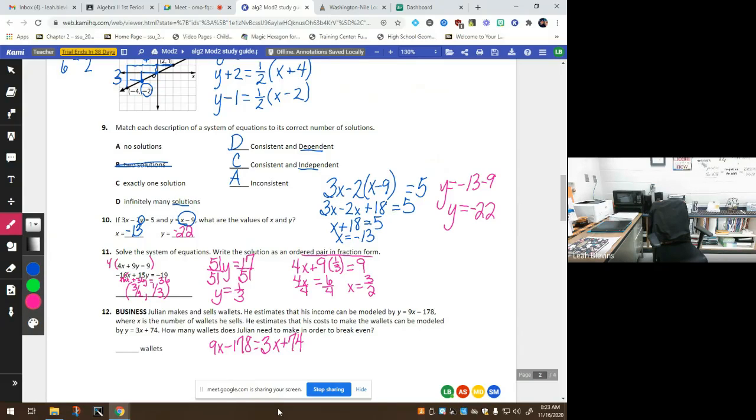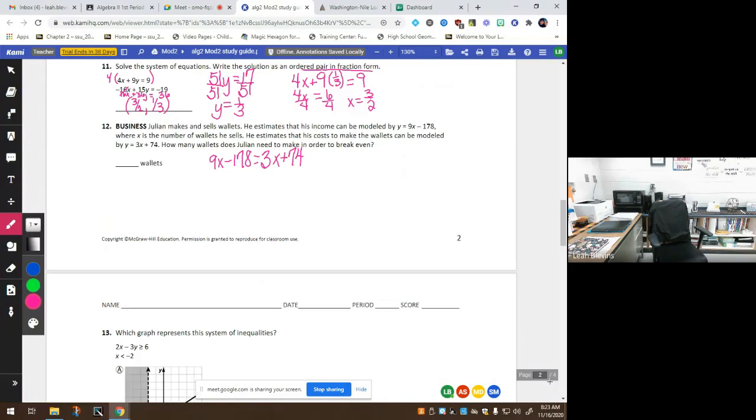All right. Then I can add 178 to both sides, subtract 3x from both sides. So I end up with 6x equals 252. The goal is to get x all by its lonesome.